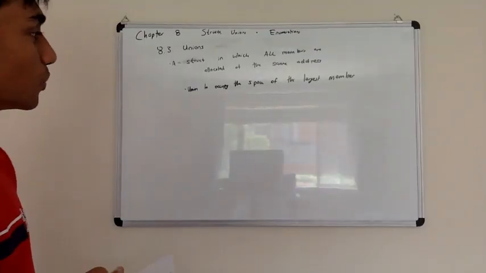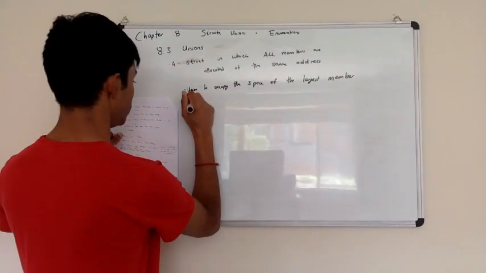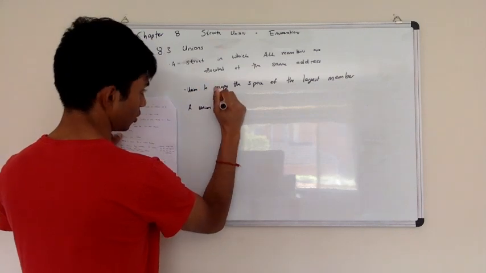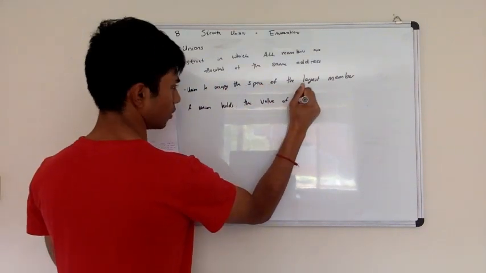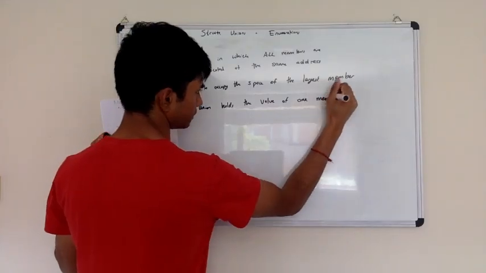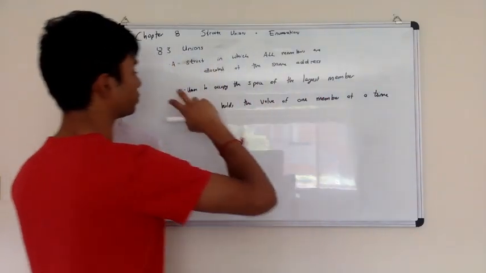But generally speaking, you expect the union to occupy the space of the largest member. And a union holds the value of one member at a time. So these 2 points go hand in hand.